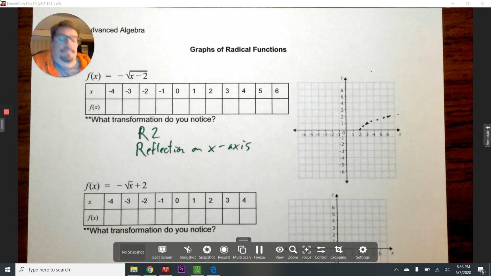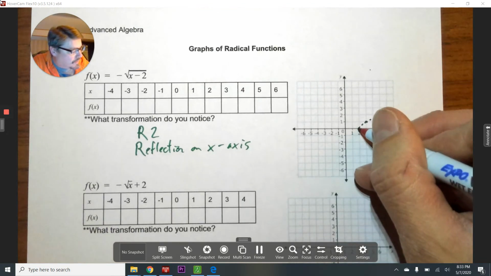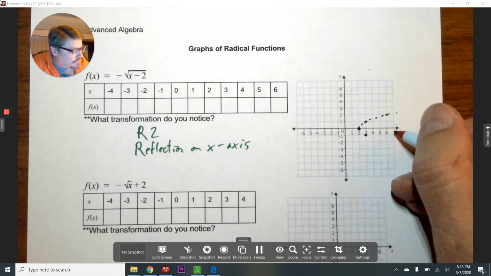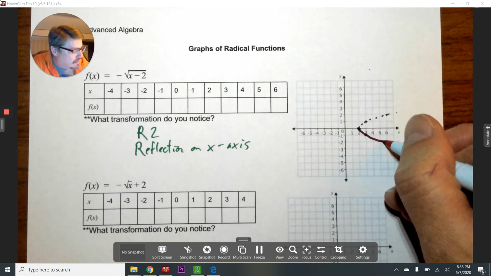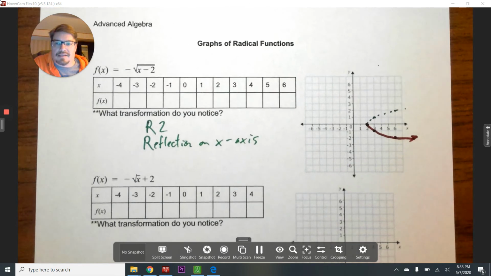Yep, okay. So reflect it here, and now it'll be going downwards. All right, so that's its final shape.